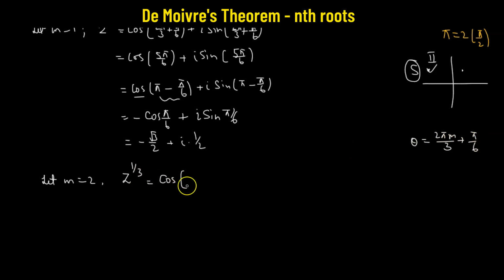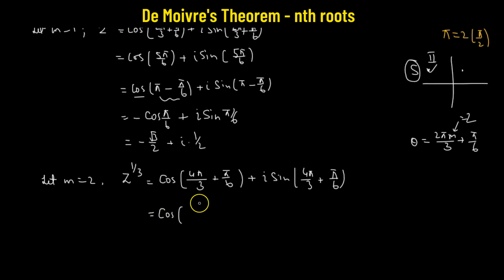This is going to give us 4 pi, since we are considering m value to be equals to 2. So we have cosine of 4 pi over 3 plus pi over 6 plus iota times sine of 4 pi over 3 plus pi over 6, which will be equals to cosine of 9 pi over 6 plus iota times sine of 9 pi over 6.